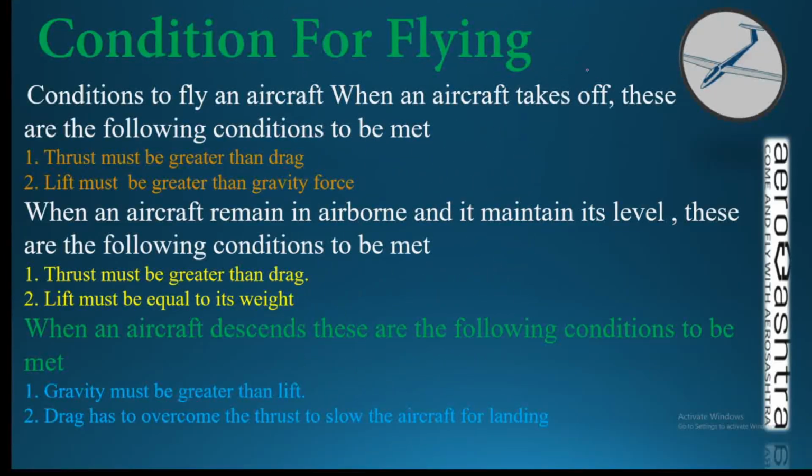So, now we will see the conditions for flying. What are the different conditions to fly an aircraft when an aircraft takes off? These are the following conditions to be met. Yes, thrust must be greater than drag.